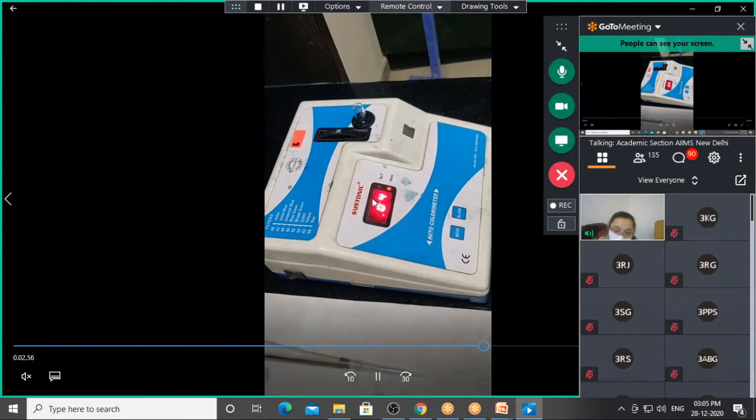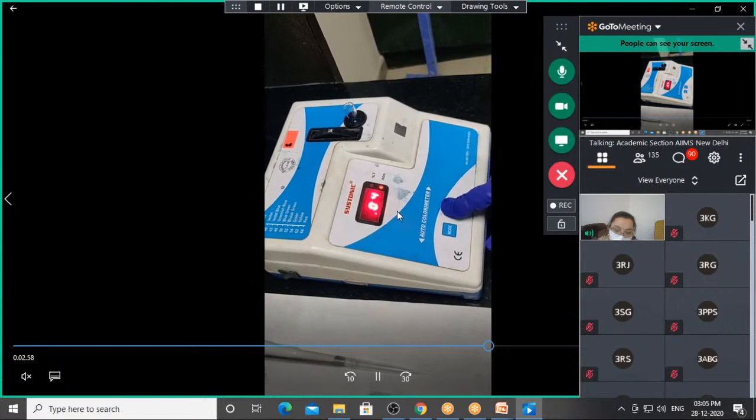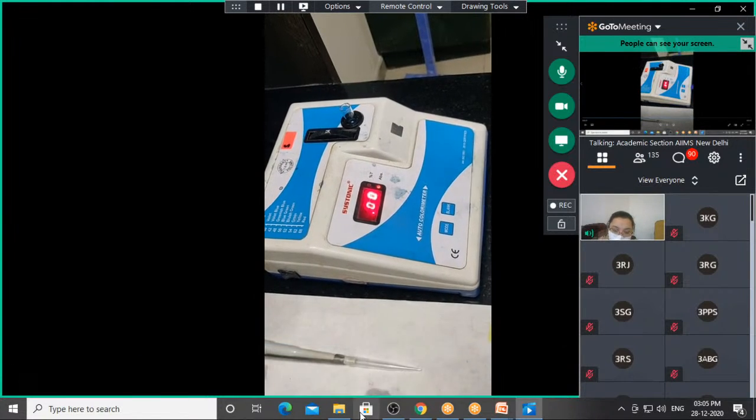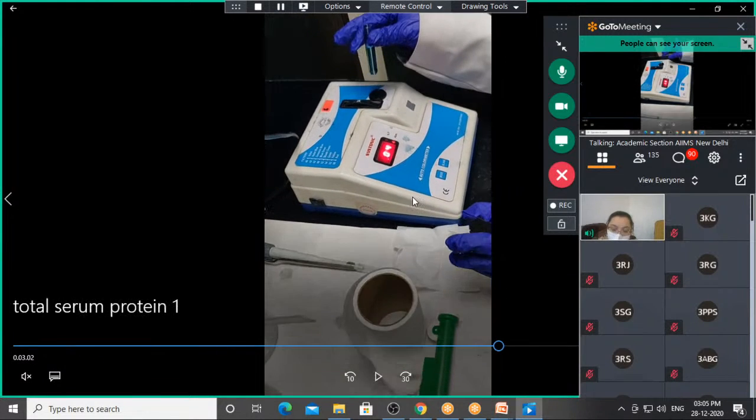I have set the reading as 0. Why have I set the reading as 0? Because this is the intrinsic color of the reagent itself. In the next standard we have added protein, so the intensity of the protein solution will obviously be more than the color of the blank, because in the blank we have used only distilled water.